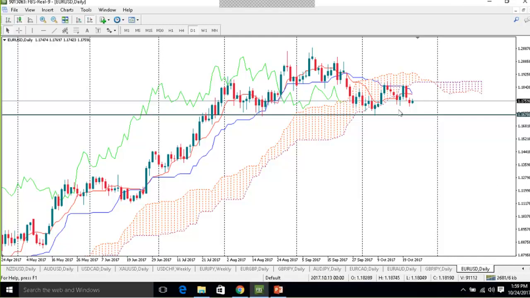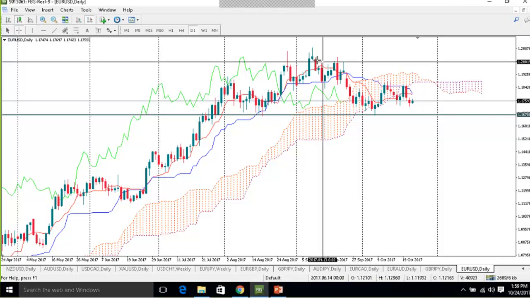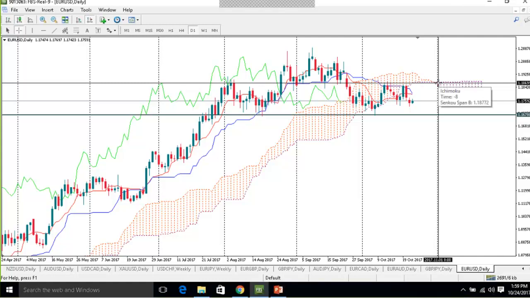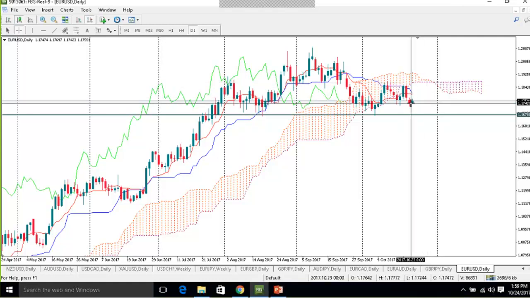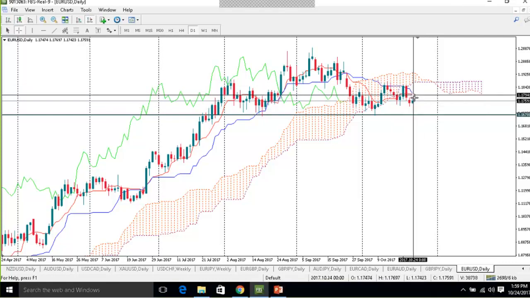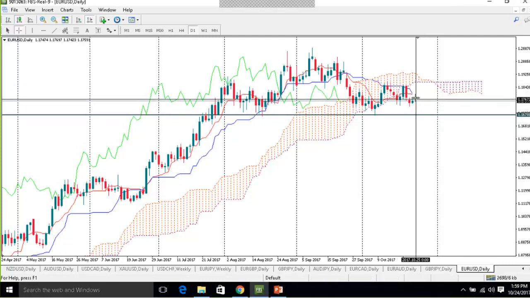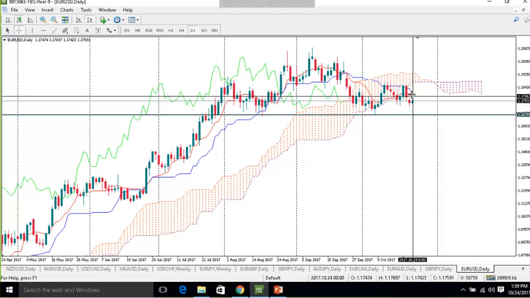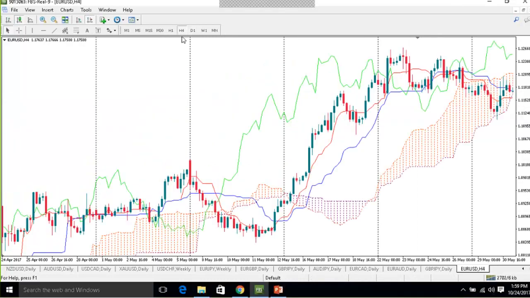So what I wanted to say is that certainly here, if we do the current analysis, we see a lot of levels provided for us by the Ichimoku indicator. We see that the price has an obstacle here around 1.1870. We see that currently we are below the cloud and we are looking to these lines for some negative signs on the daily chart.